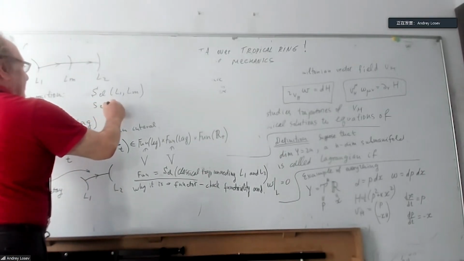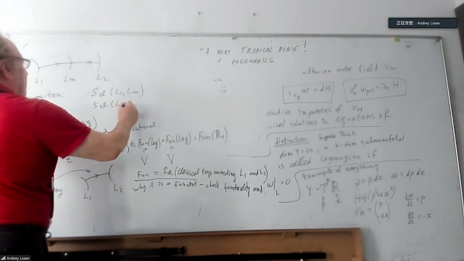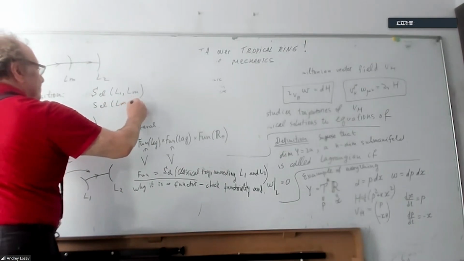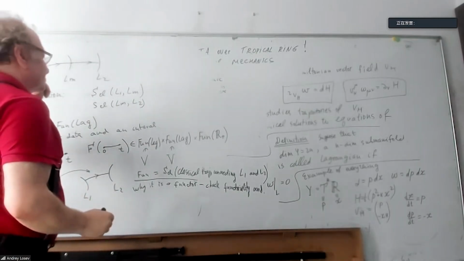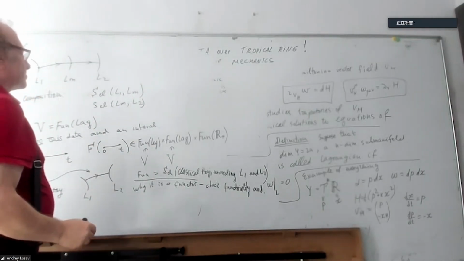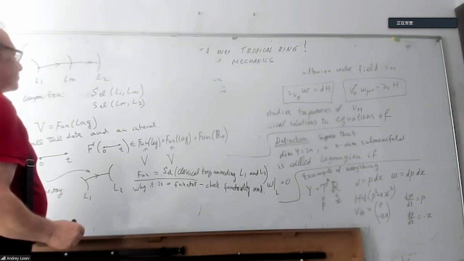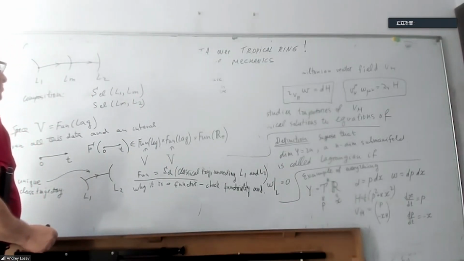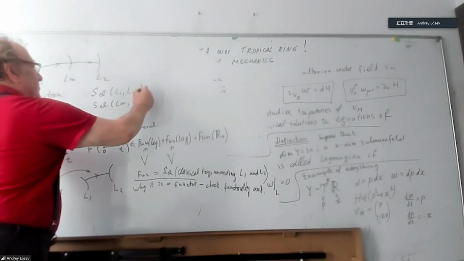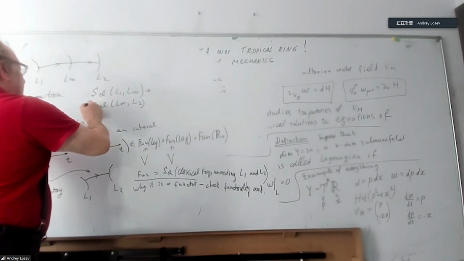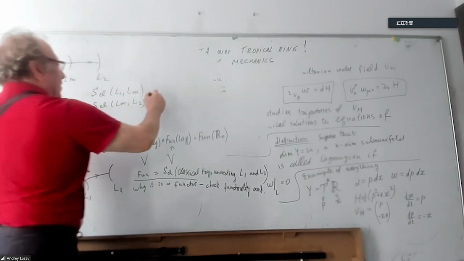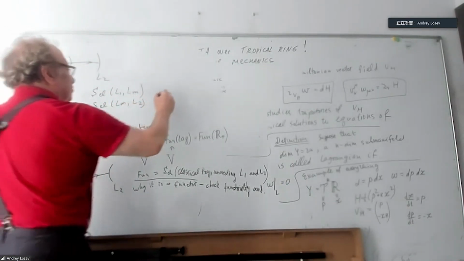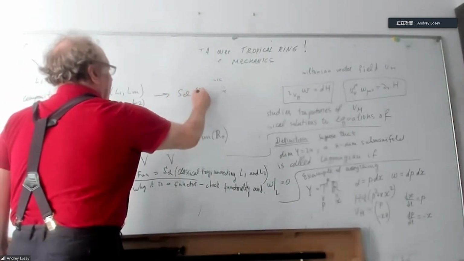I also have S classical, L middle, L2. But then I will do the following. I will take the sum. And from this I need to go to S classical of L1, L2.